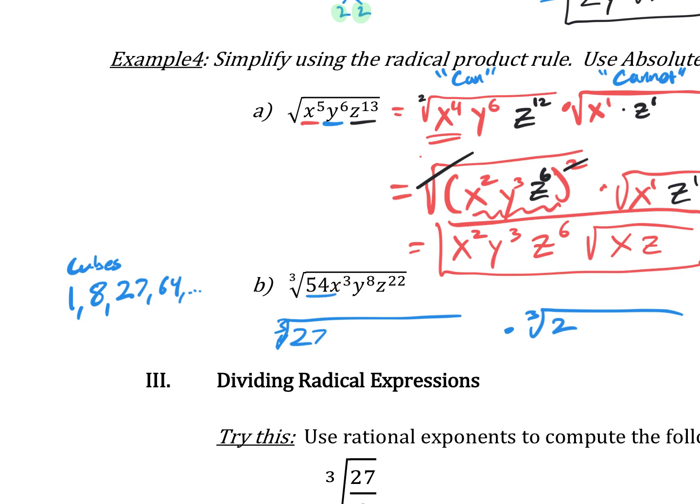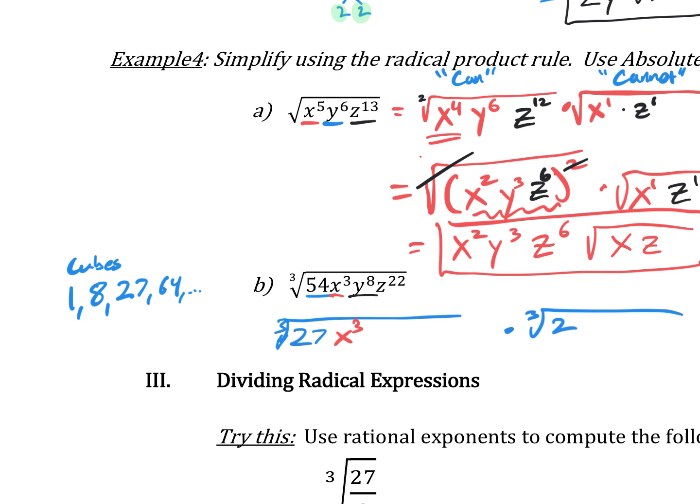Can we take the cube root of x to the 3rd? We sure can. The cube root of x to the 3rd is just x, and we'll do that in a second. We only have 3 x's here, so we don't need any in the leftovers. What about the y to the 8th? Well, 8 is not divisible by 3, so we cannot cube root that.